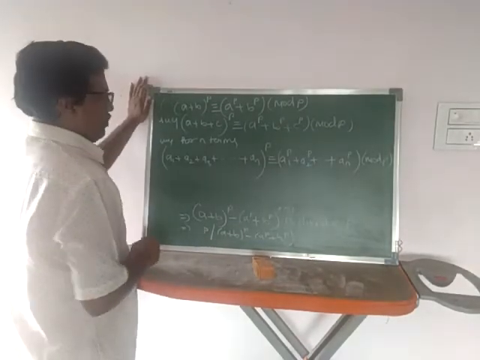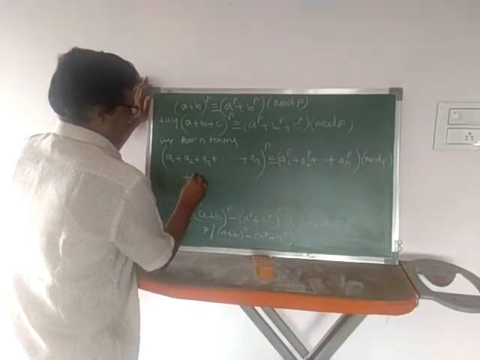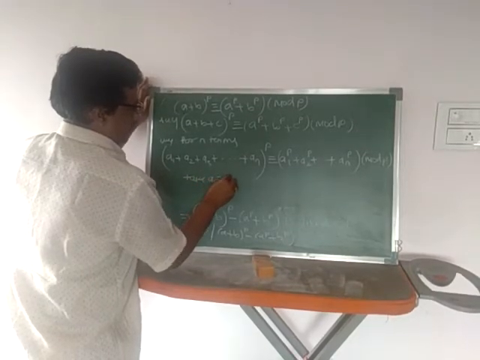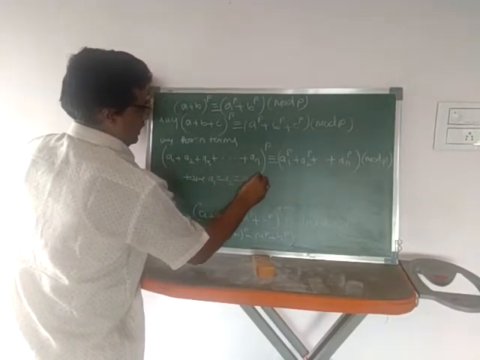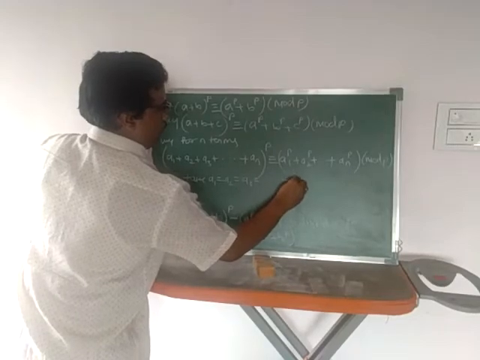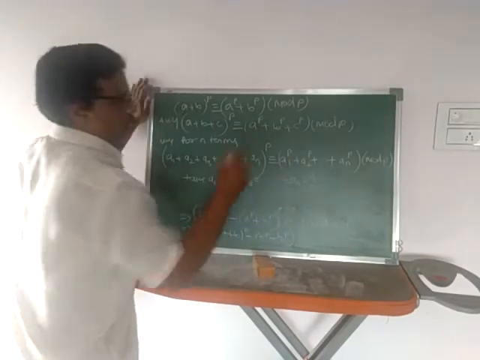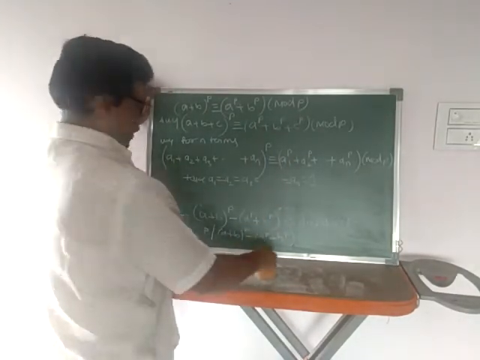So now what I do, take a1 is equal to a2 is equal to a3 and so on up to an, all are equal to 1.